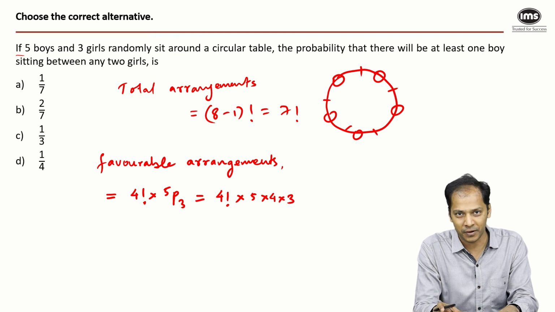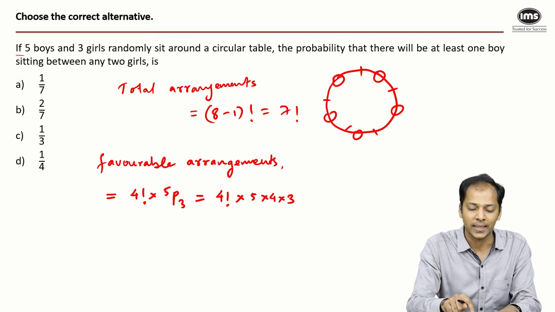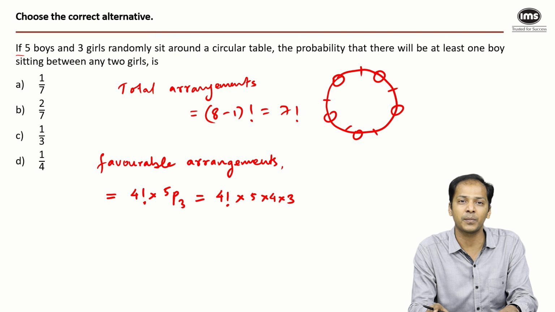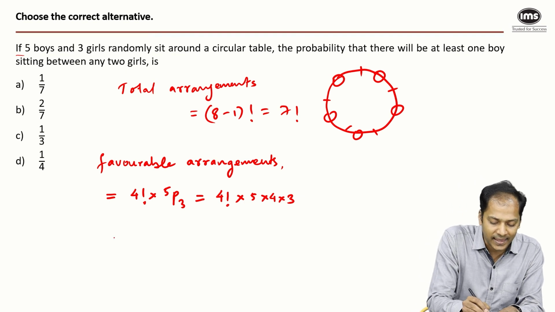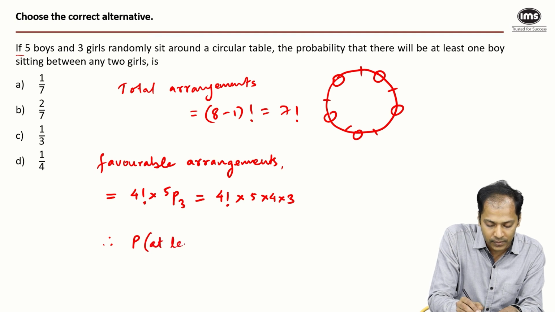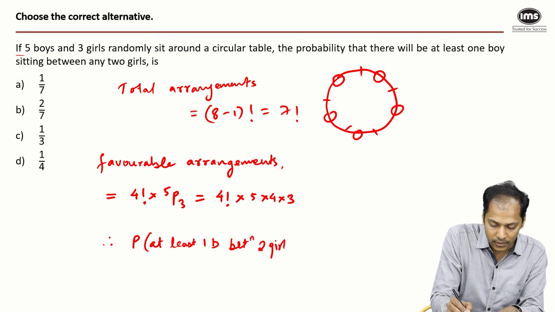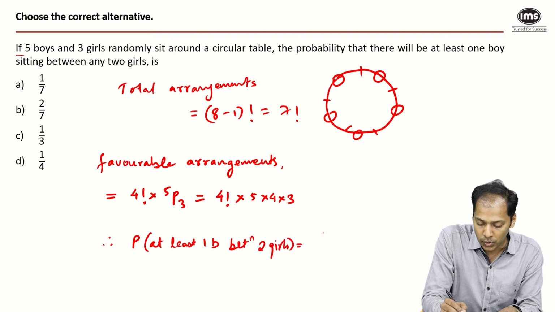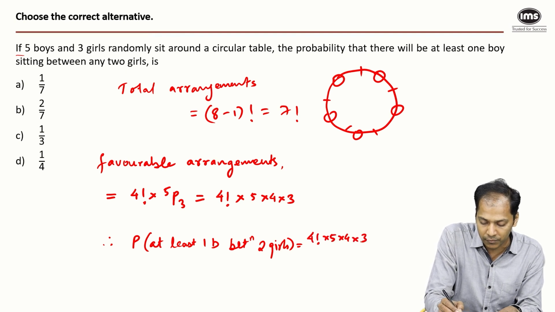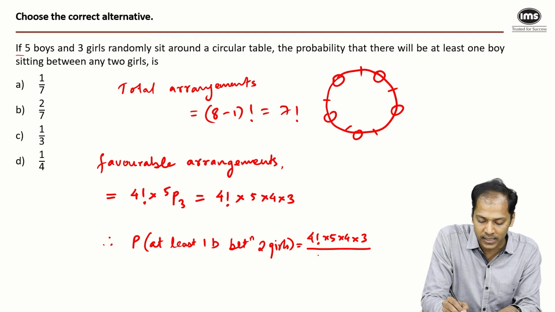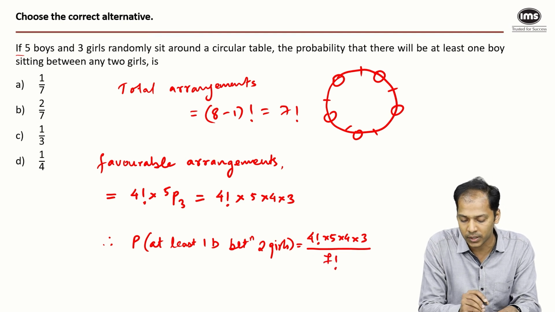These would be the favorable arrangements wherein there is at least one boy sitting between any two girls, and therefore the probability that we are looking for, the probability of at least one boy between two girls, is equal to 4 factorial into 5 into 4 into 3 favorable cases upon the total cases, that is 7 factorial.